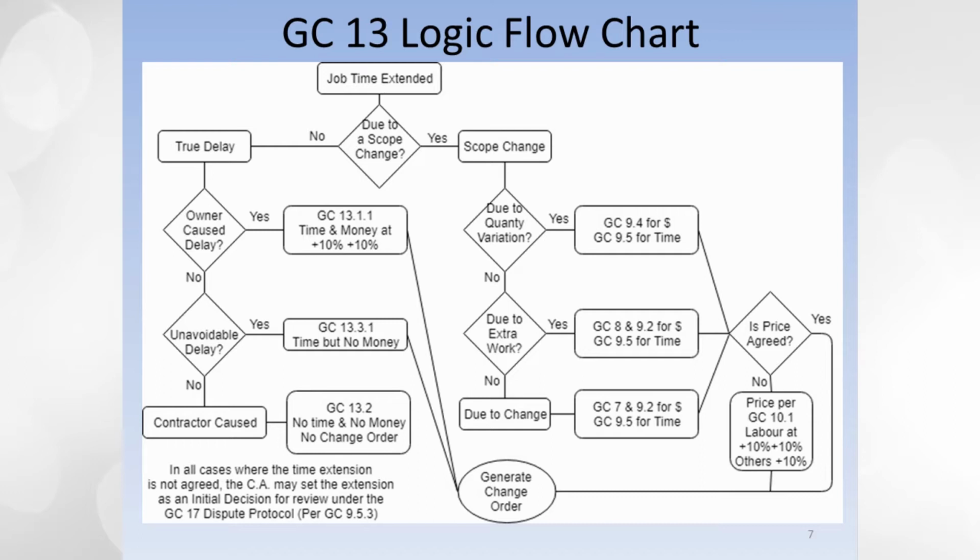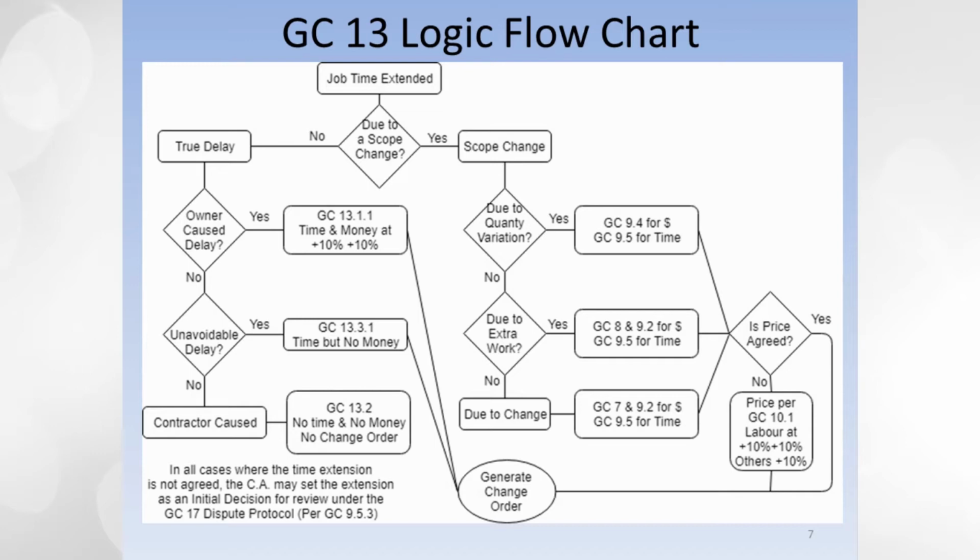Following the logic on the left, A, if the delay was owner-caused, then GC 13.1.1 allows the contractor to recover all lost time as well as costs with markups of 10% for overhead and 10% for profit. But if the delay was unavoidable and neither party was responsible, then GC 13.3.1 allows the contractor to be awarded a time extension but no money. And finally, if the contractor was responsible, then there's no need for a change order at all.